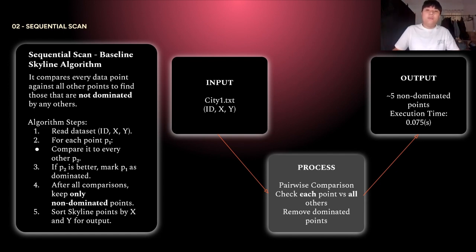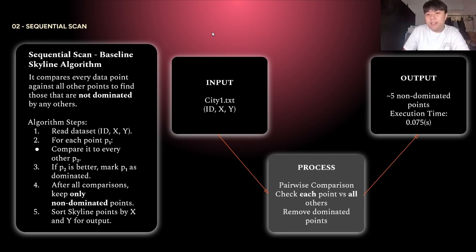Right, so for the first algorithm, we're using sequential scan. This is just the baseline skyline algorithm. Basically, it compares every data point against all other points, so for the 30,000 records, we check each point against all the others. It can be technically slow because it doesn't work efficiently with large datasets.